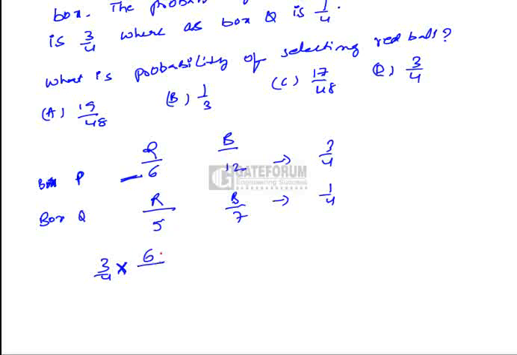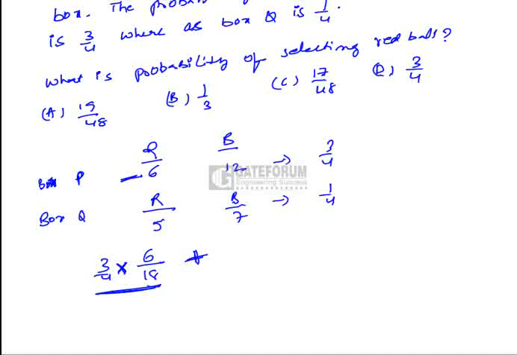So 6 divided by the total number of balls, 12 plus 6, 18. So this is from box P, and the red ball can be selected even from box Q also.